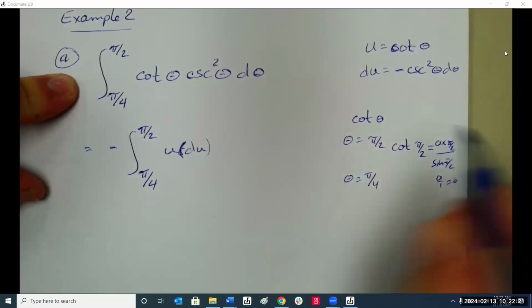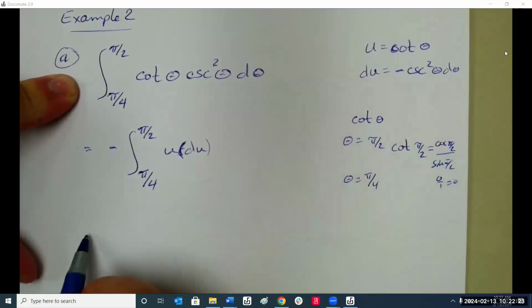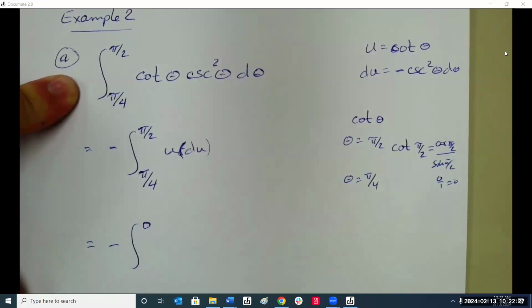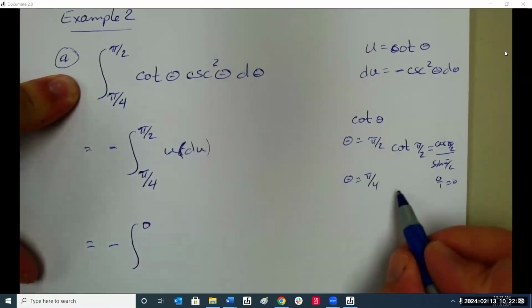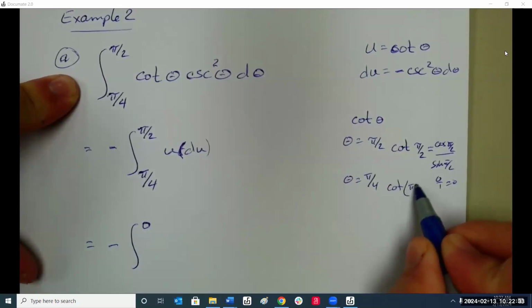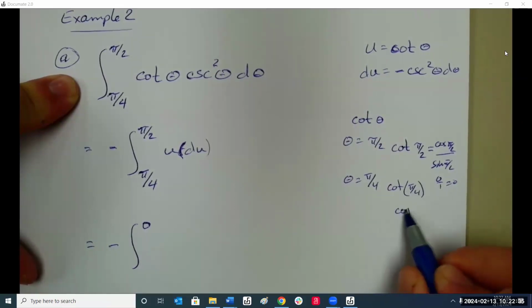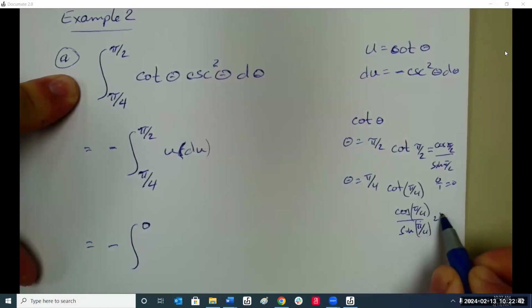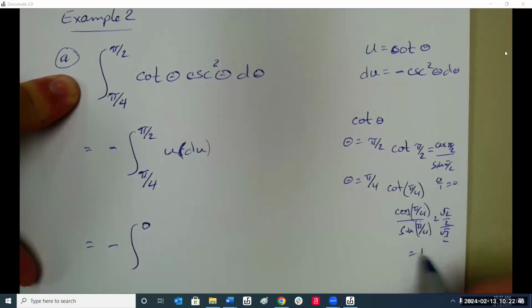Cotangent of pi over 4 is cosine pi over 4 over sine pi over 4, square root of 2 over 2 over square root of 2 over 2, which equals 1.